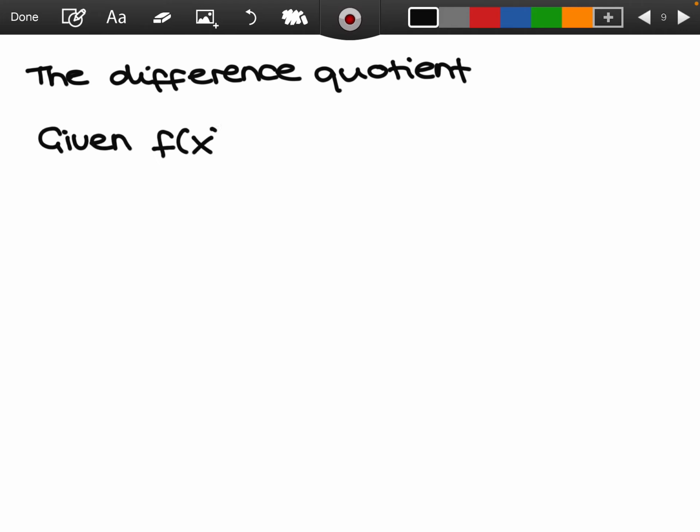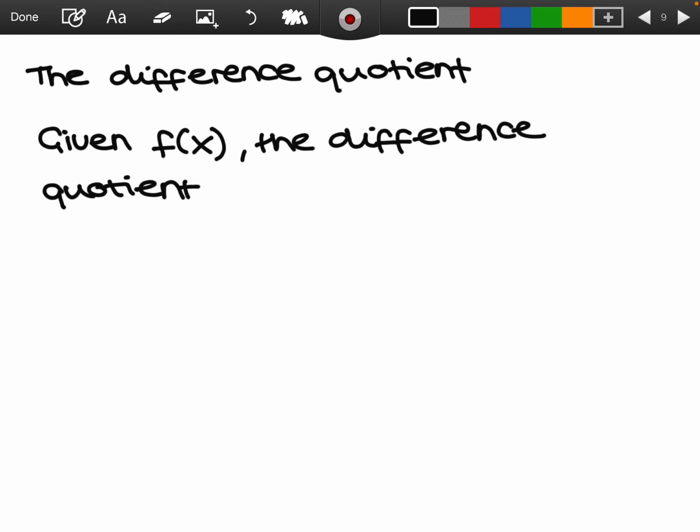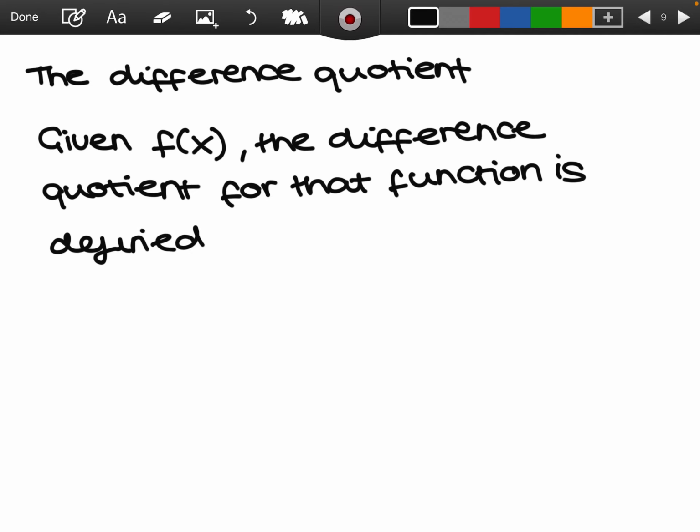So if we are given some function f of x is equal to something in terms of x, probably, unless you're talking about the constant function, the difference quotient for that function is defined as this particular formula here.